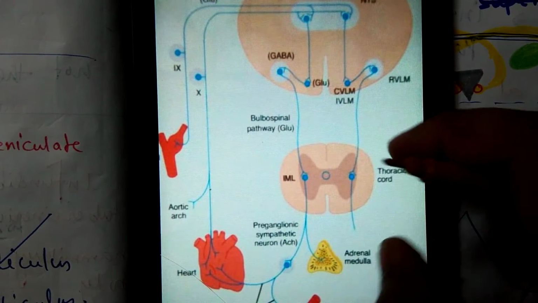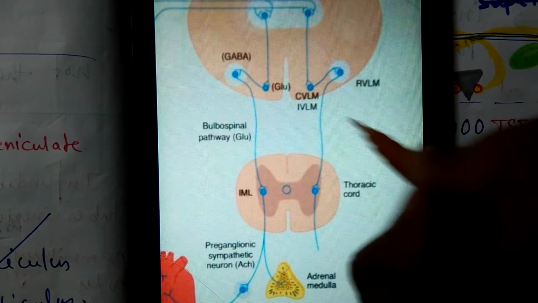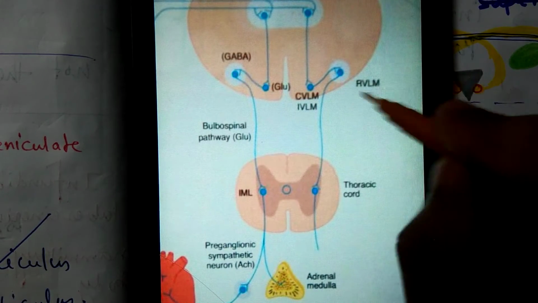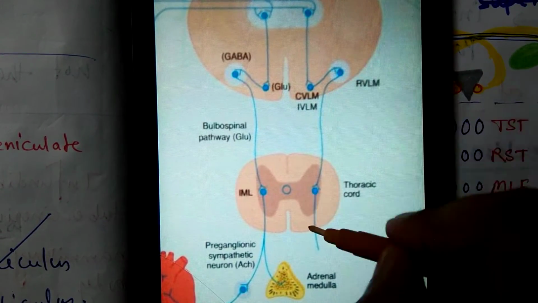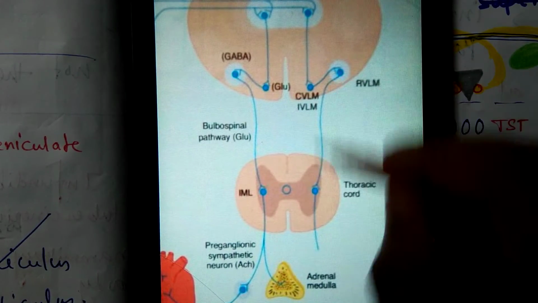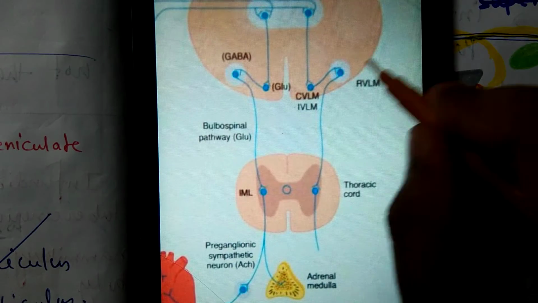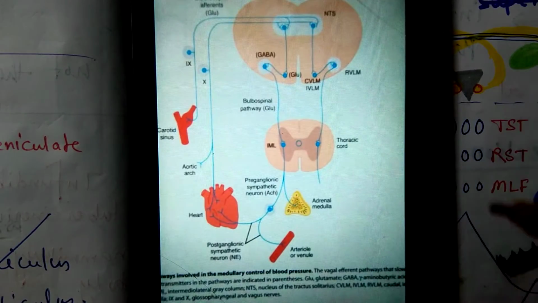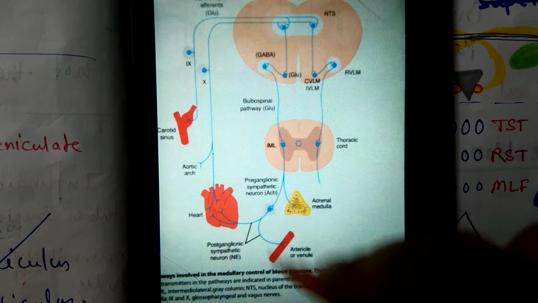Okay, that means RVLM is tonically active, always active, even when you are sleeping. Even at that period, RVLM is also active. Okay, it activates via the bulbospinal pathway our thoracolumbar outflow. That means RVLM is totally related to the sympathetic system, and the sympathetic system causes increased cardiac output, increased blood pressure and vasoconstriction.